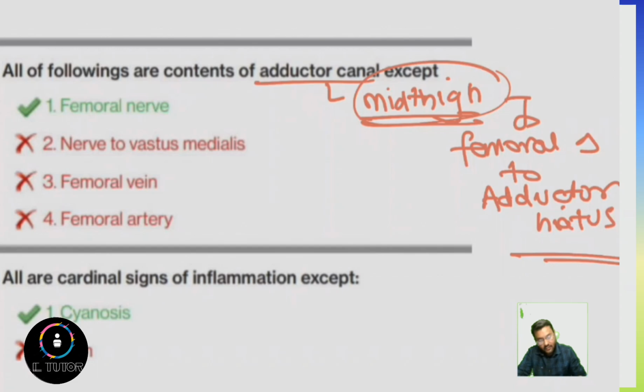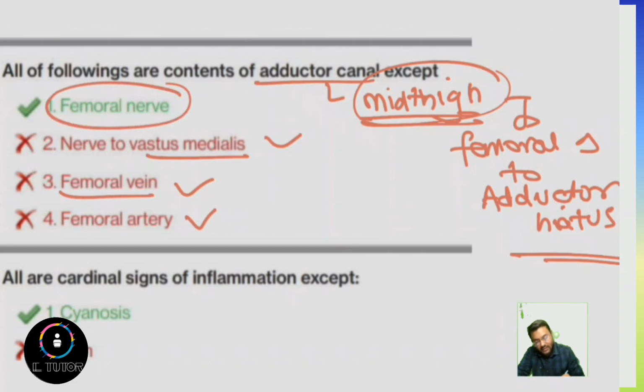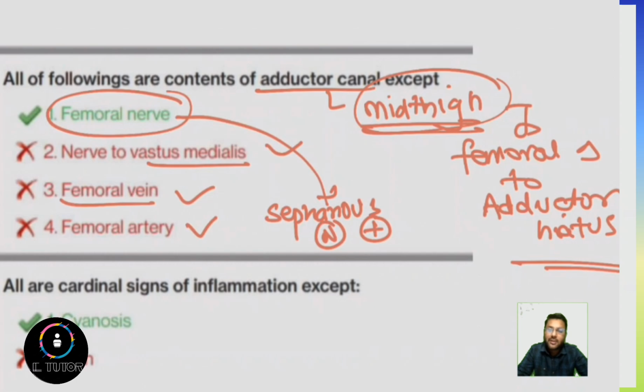And nerve to vastus medialis is present, femoral vein is present, and femoral artery is present, but femoral nerve is not present. Instead of this, a branch of femoral nerve, which is the saphenous nerve, is present. So saphenous nerve is present, but not the femoral nerve.